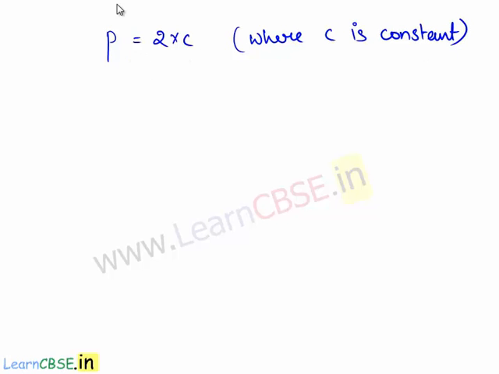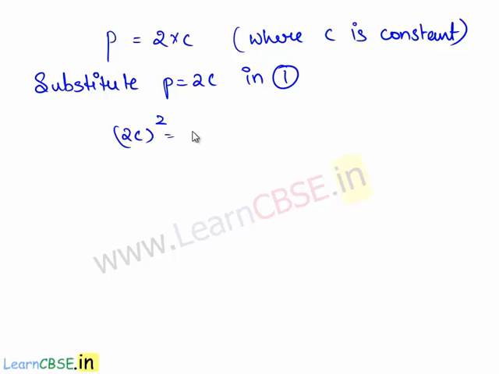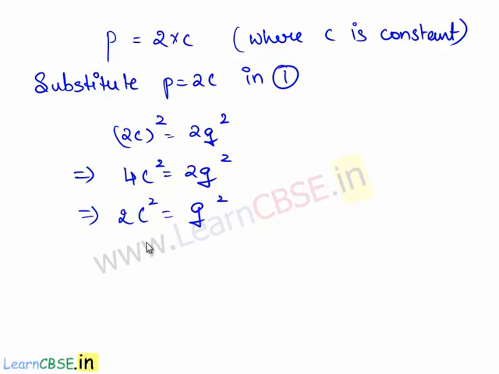Therefore, we substitute the value of p in equation 1. So we have 2c whole square is equal to 2q square. This implies 4c square is equal to 2q square. This gives 2c square is equal to q square, which can be written as c square is equal to q square by 2.